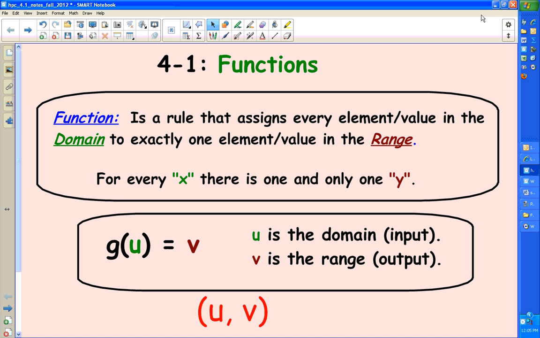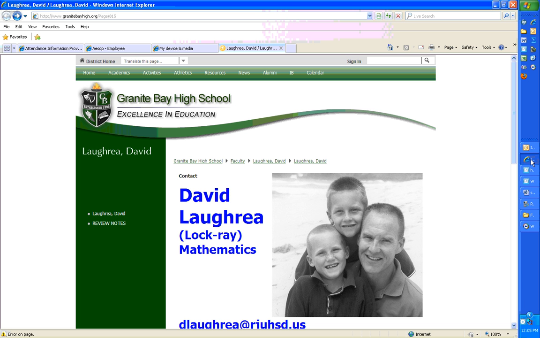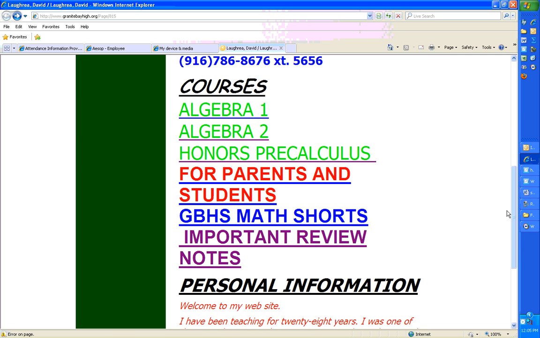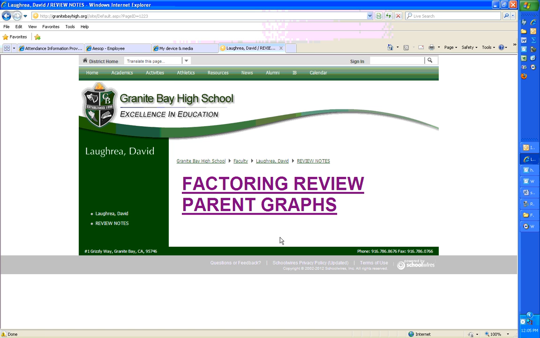Max? Alright, so this section deals with functions. I want to remind you, if you don't have your parent graphs, you can go to the Granite Bay website. The first page, I put up that link for you. On the first page, if you scroll down below where it says important review notes and open that, you'll see the factoring review is still there, but the parent graphs are there also.